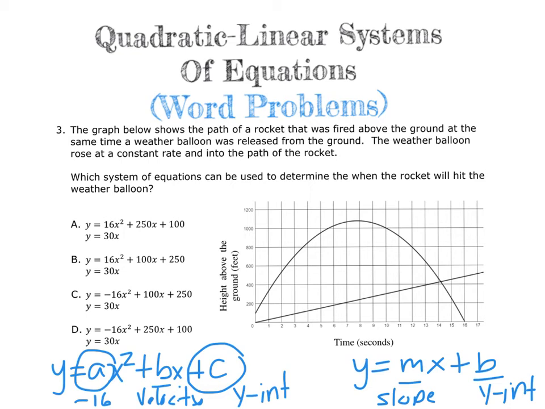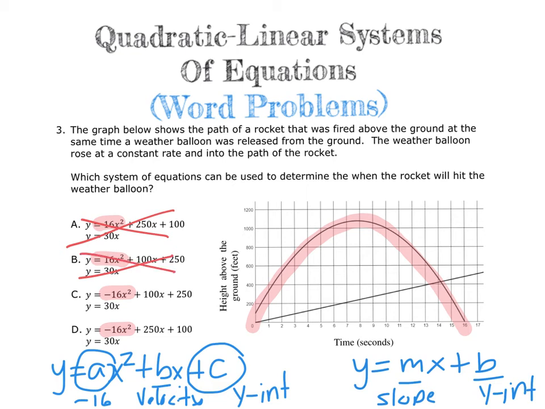So let's get into this. When you look at this problem, I know that the a value is negative 16. So I look at the 16 values, and I can already eliminate A and B because those two are positive, which means the parabola is pointing up, and that's not the case here.